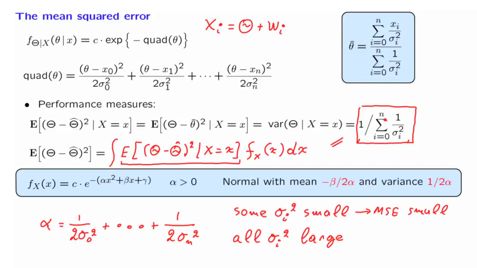I'm adding small terms. 1 over something small is something big, and so the mean squared error is going to be large. That is, if all my measurements are very noisy, then I do not expect to estimate my random variable particularly well.